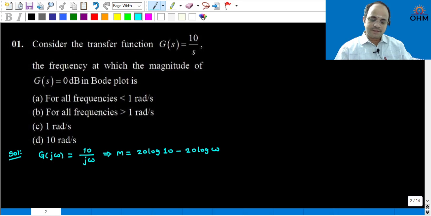The requirement is, what is the frequency where this magnitude becomes 0 decibel. When the second term is equal to the first term, the overall value will be 0. Therefore, this equation will be satisfied whenever ω is equal to 10 radian per second. Therefore, the correct answer is 10 radian per second.